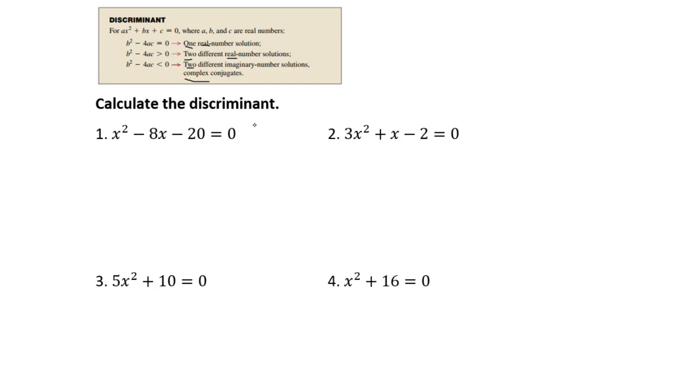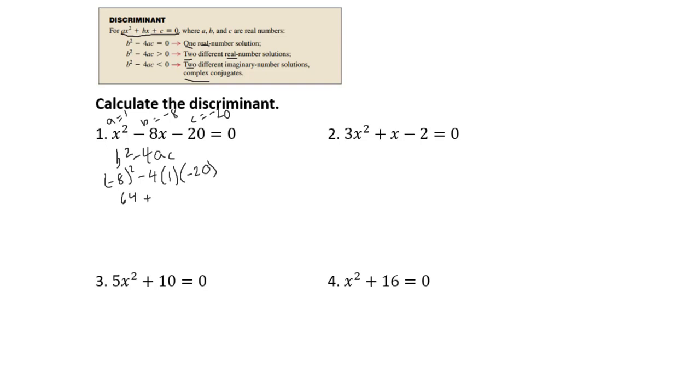So using ax squared plus bx plus c equals 0, we can identify a here as 1, b here is -8, and c here is -20. So when we plug into our b squared minus 4ac, we get -8 squared minus 4 times a times c, which will give us 64.